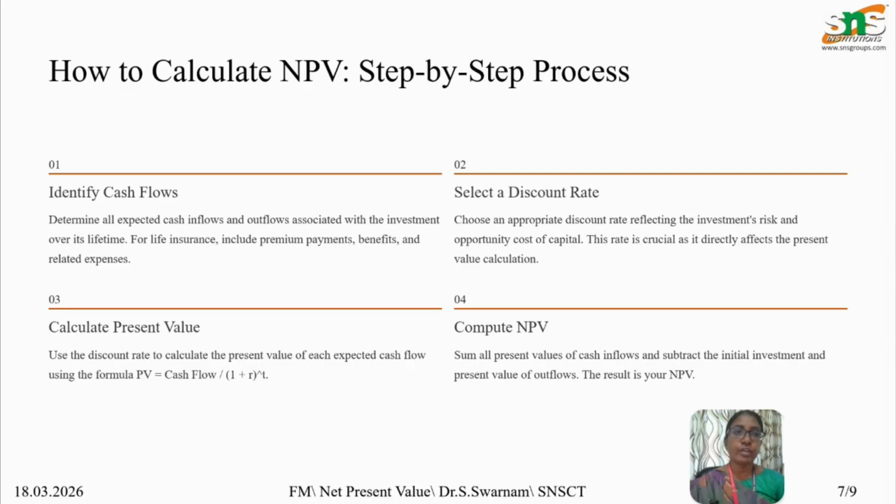If your expected cash inflows are for 5 years or 6 years, whatever it might be, we have to measure and identify them. The next step is to convert those future inflows into present value. That is called selecting the discount rate.